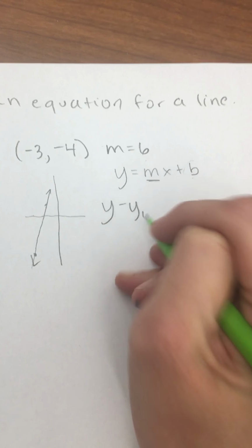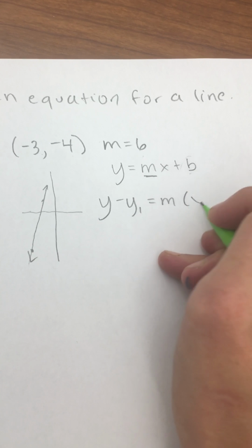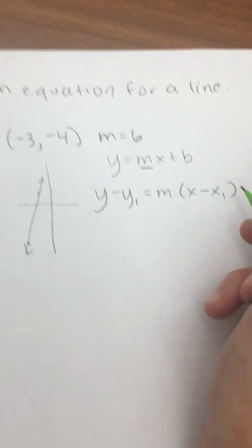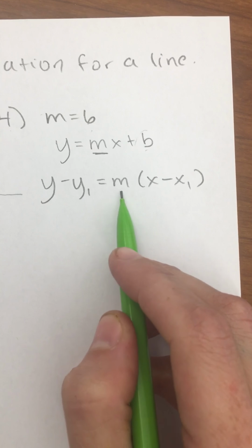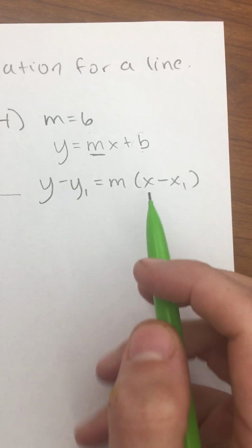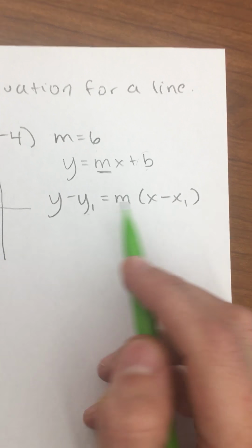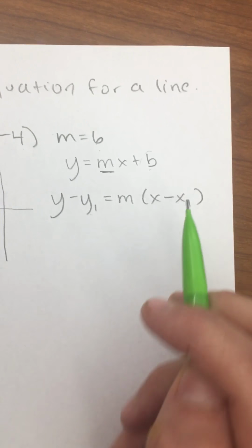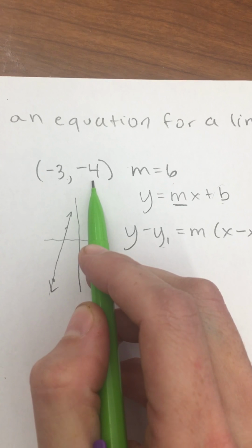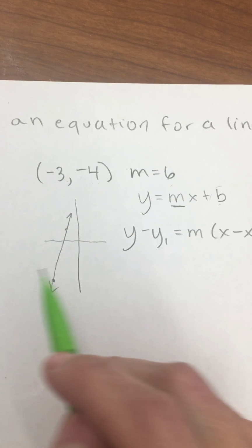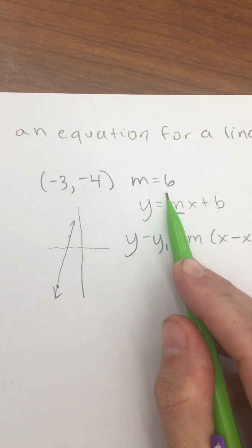This is the formula you can use to derive your b value. It's y minus y1 equals m times x minus x1, where the y1 and the x1 represent the location of one of your points that exist on that line, and m obviously is your slope.